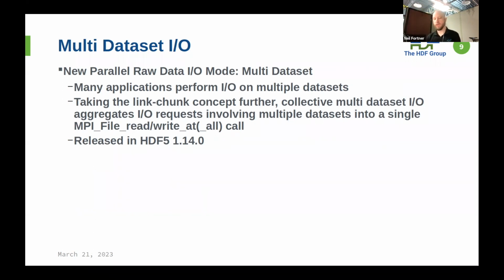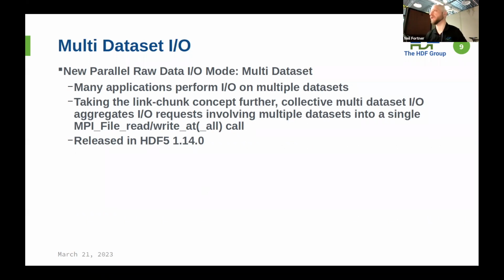With the previous API, you would have to call H5Dread or H5Dwrite for each of those data sets individually. So by adding the new APIs that allow you to operate on more than one data set at a time, it is convenient because it allows you to just make one call, and it'll also potentially allow higher performance.